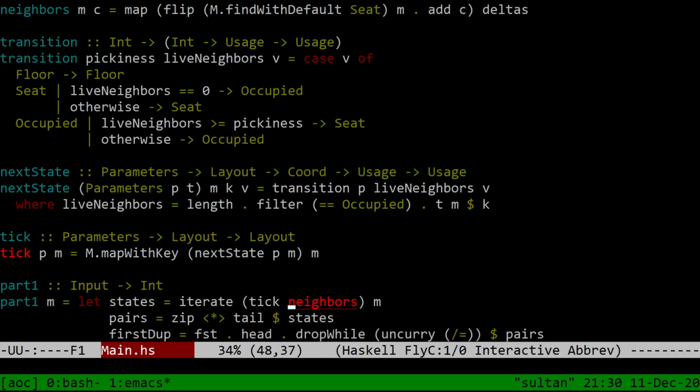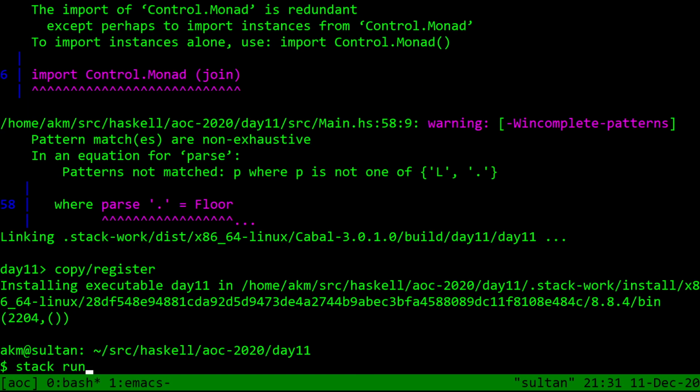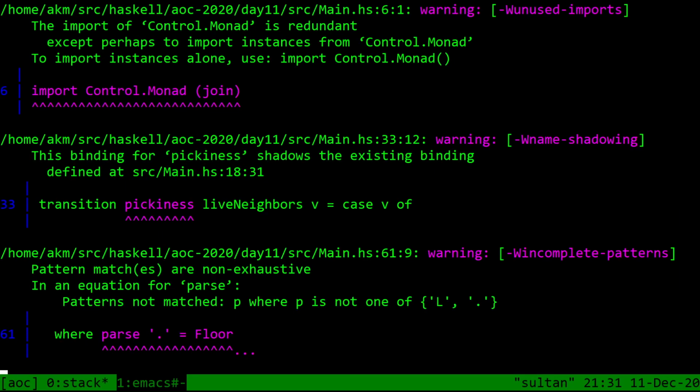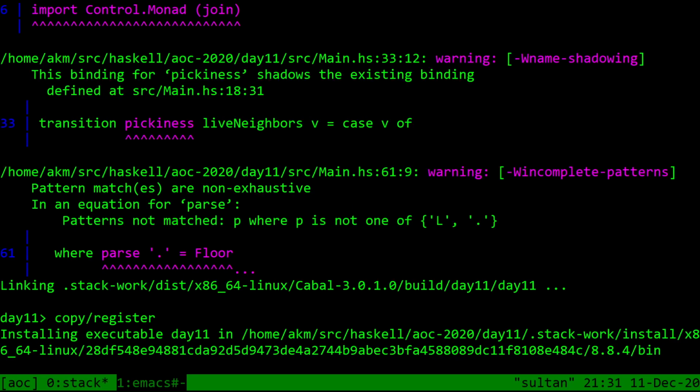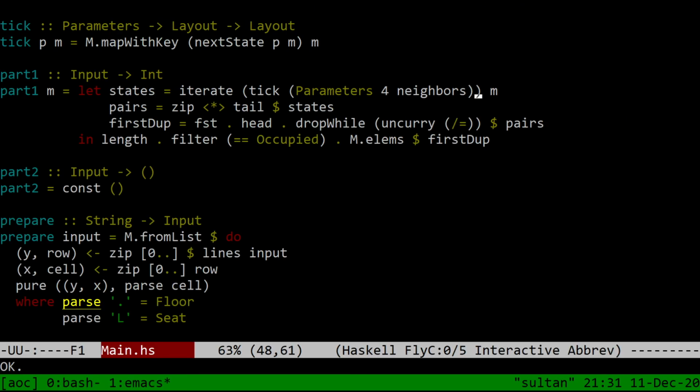And so now instead of just neighbors, we're going to say parameters of a pickiness of 4 and neighbors as the way to step. Okay, we still get 2204. Good, good, good. Our refactoring has not impacted correctness.